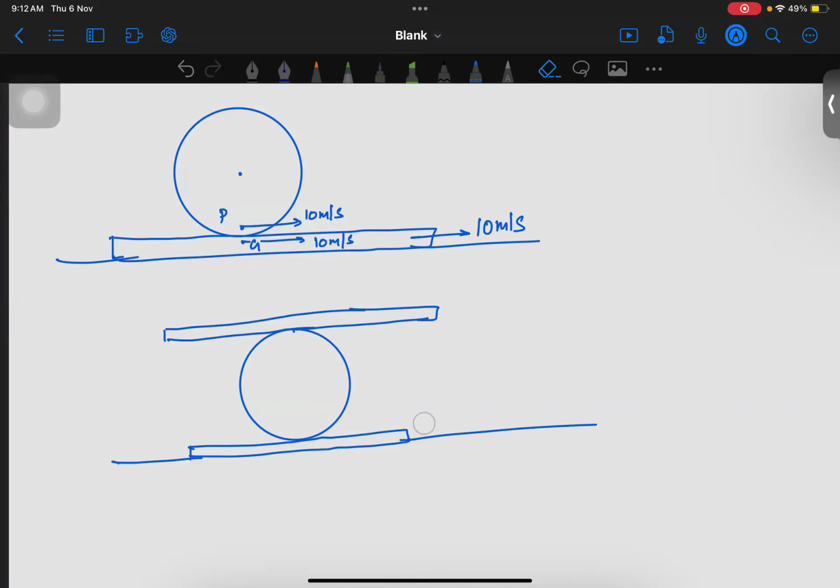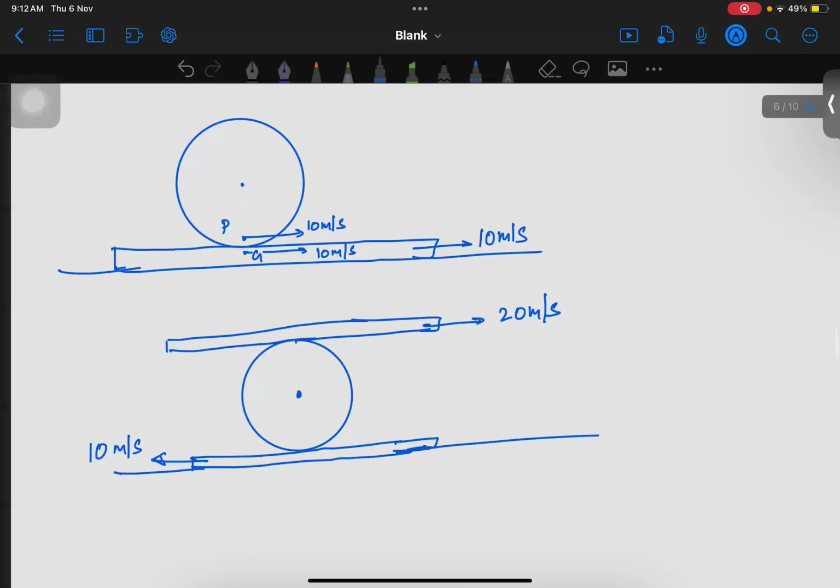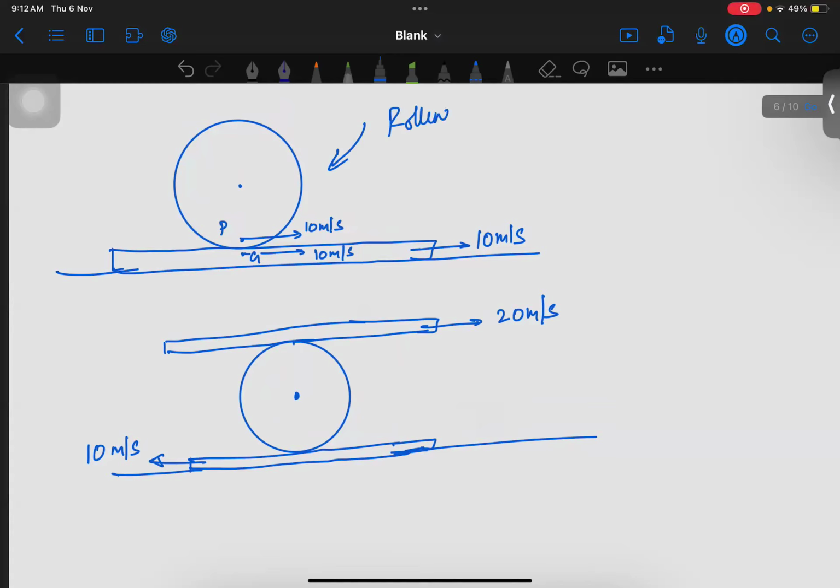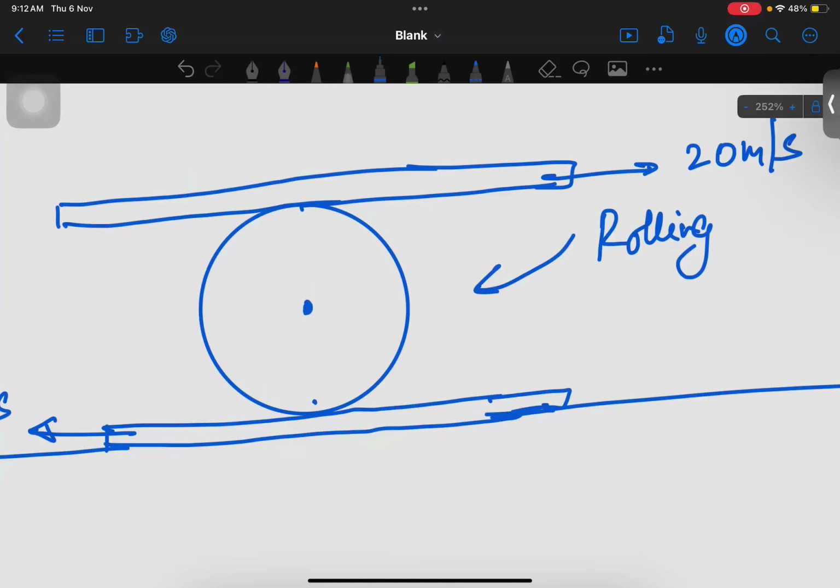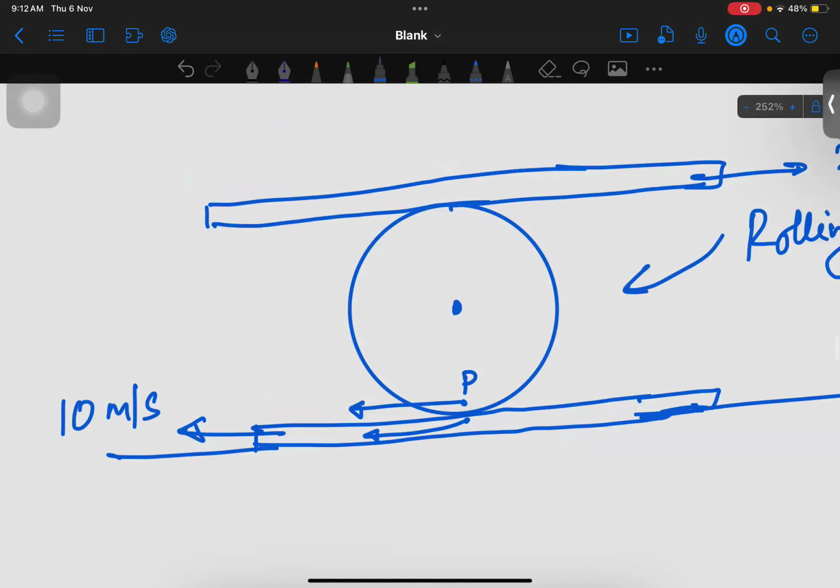The plank at the top may be moving with 20 meters per second, and this one may be moving with a velocity of, let's say, 10 meters per second. Even in this case, if the object is in rolling motion, then at this particular point the velocity of this P point must match the velocity of the plank, which means that if the plank is moving with 10, point P must also have 10 meters per second and in the same direction.